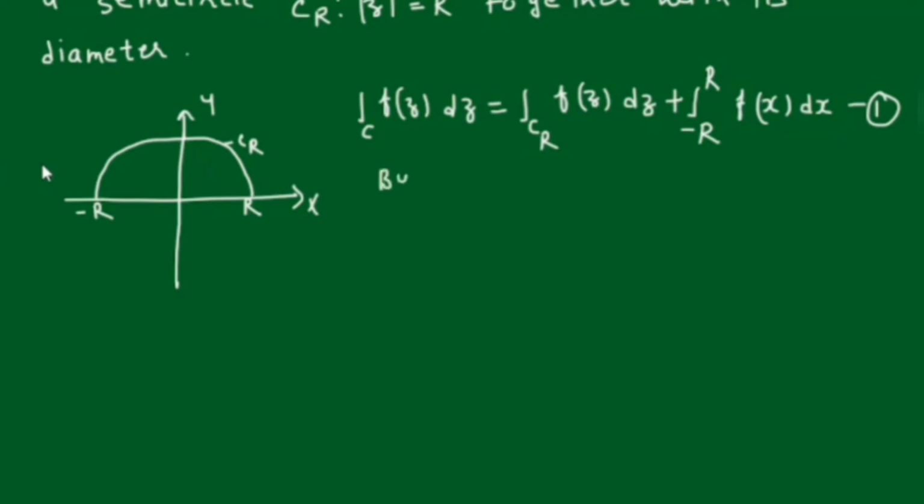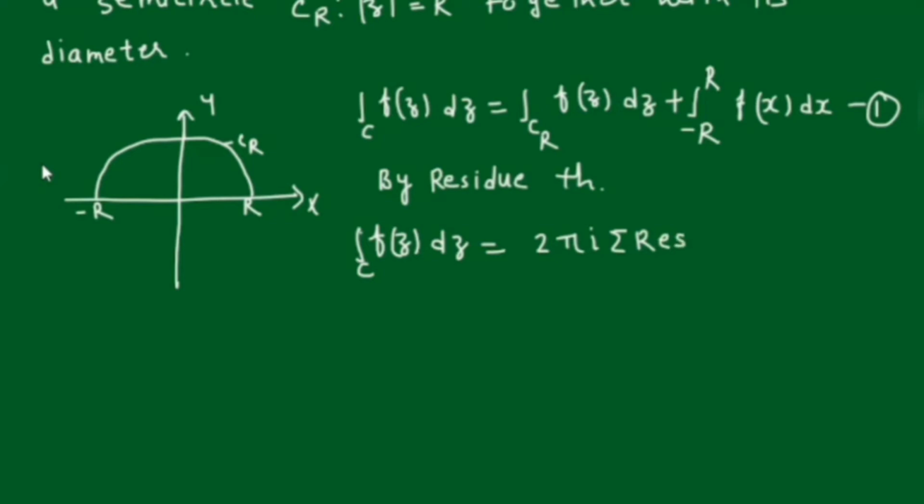Now again by residue theorem, we know that integral along C f(z) dz is equal to 2 pi iota times the sum of the residues at the poles which lie inside the given contour. Suppose it is equation 2.